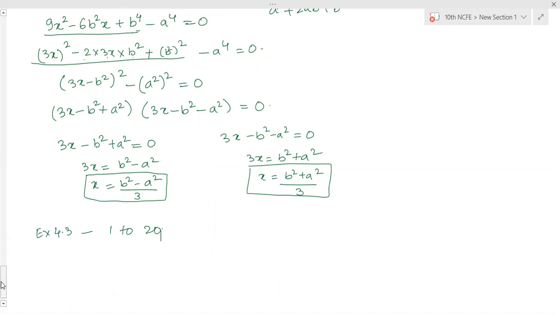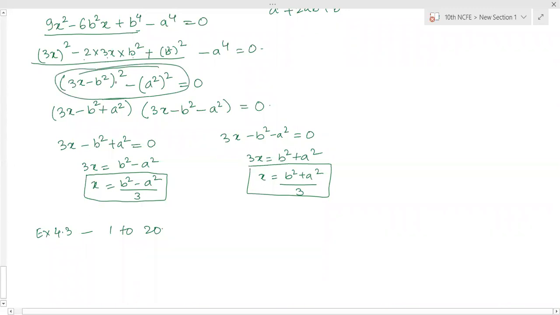Ma'am, I have a doubt. Over here, how did you get 3x minus b square, ma'am? This part is in the form of a square minus b square.